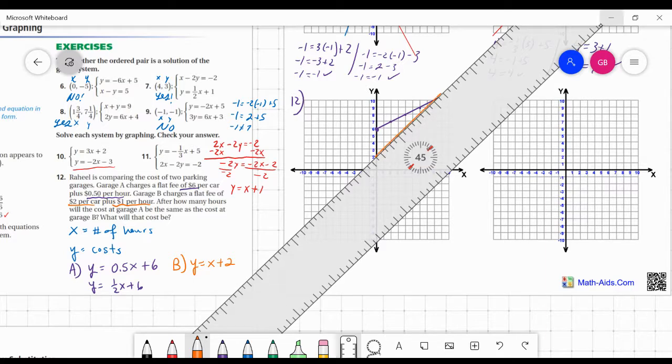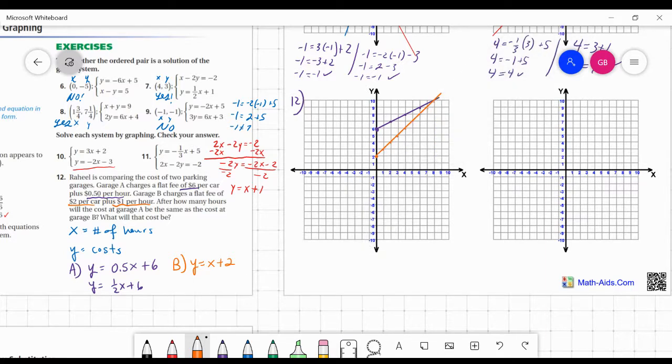So there's that one. And we can see here that they're going to intersect at this point, when x is 8. X is 8, so the number of hours is 8. So after how many hours will the cost at garage A be the same as the cost at garage B?